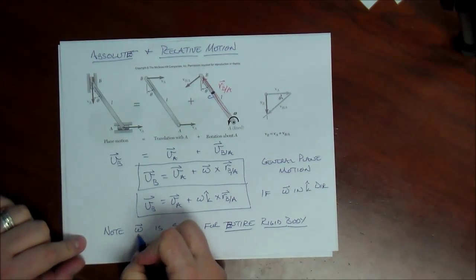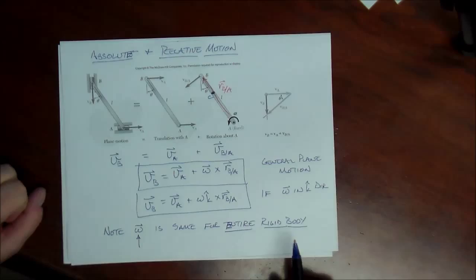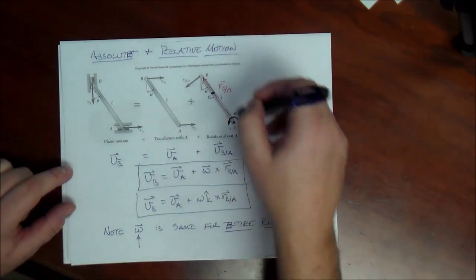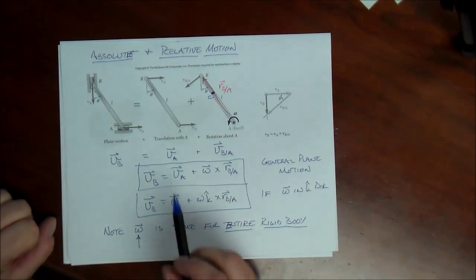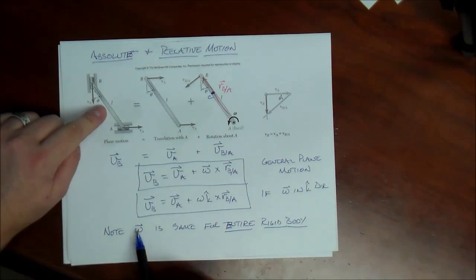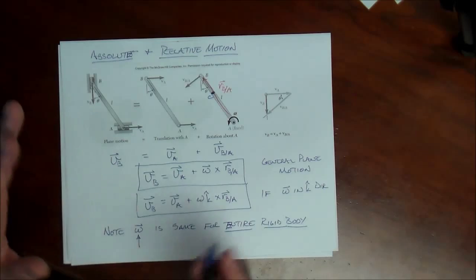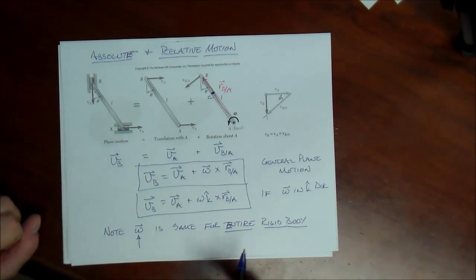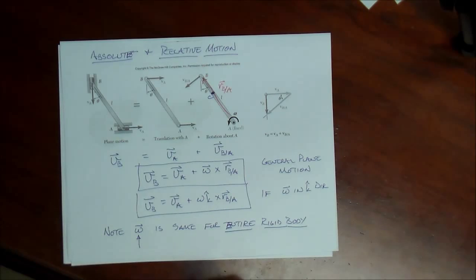We would be using exactly the same angular velocity vector because it doesn't change. Or if we want to do B to A or C to A or some other combination, the angular velocity vector of this rigid body is the same no matter what position we're talking about, whether it's A or B or some other point C. So it's important to keep that in mind as you work these types of problems.